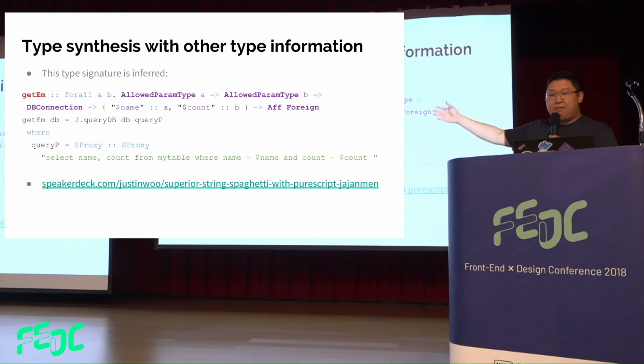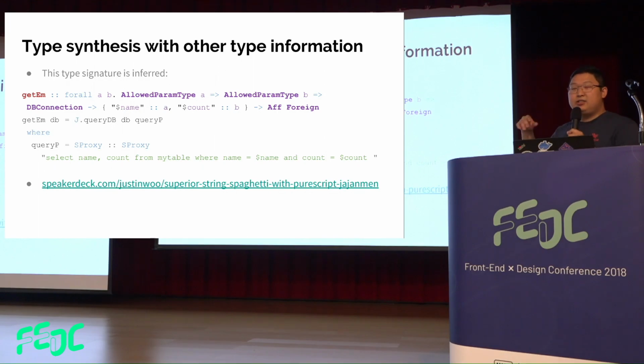So if in my type level string I say select name, count from my table where name is parameter name and count is parameter count, then I can go through the type level information, extract out the labels for my record type, and then synthesize the record type such that it can say, okay, I can take any A that is of an allowed parameter type and any B that is of any allowed parameter type.